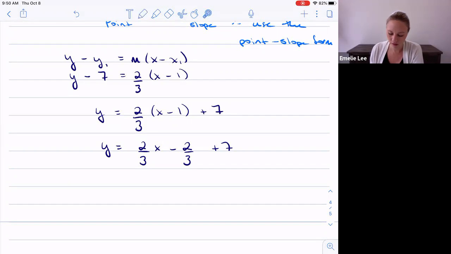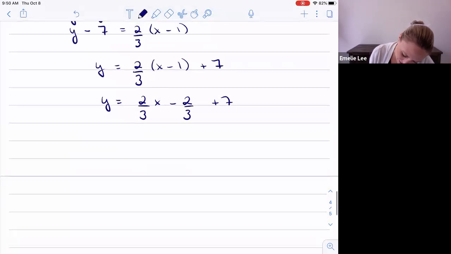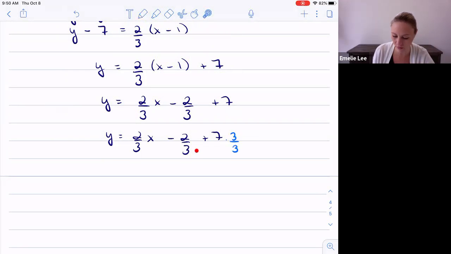Okay. The x is on its own, so that's fine. But now I need to combine these to get just one y-intercept. Right, so -2/3 plus 7, I need a common denominator. The easiest way to get that common denominator of 3 is just to multiply 7 by 3/3.